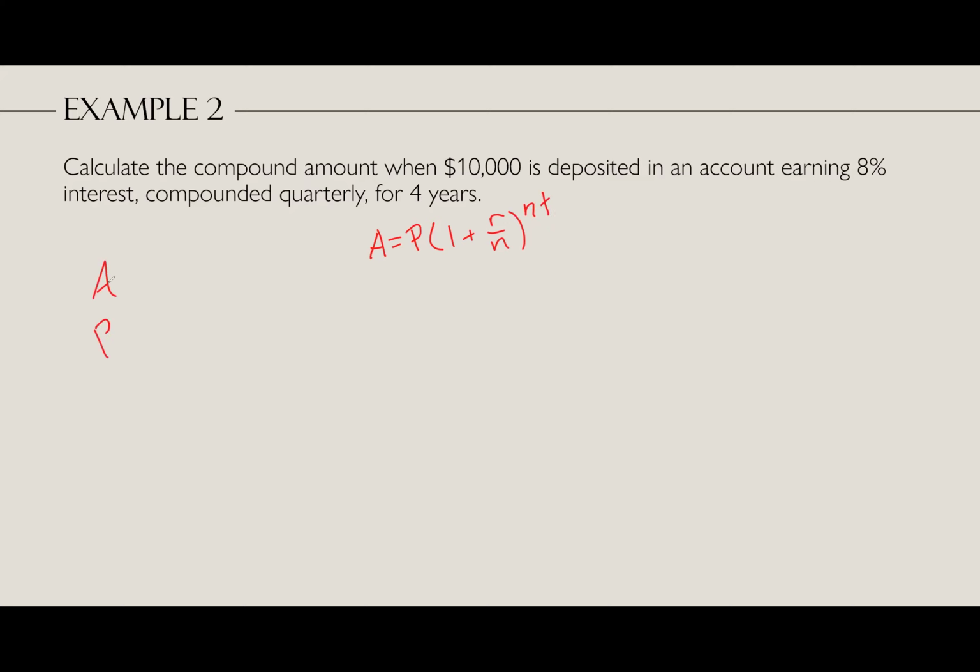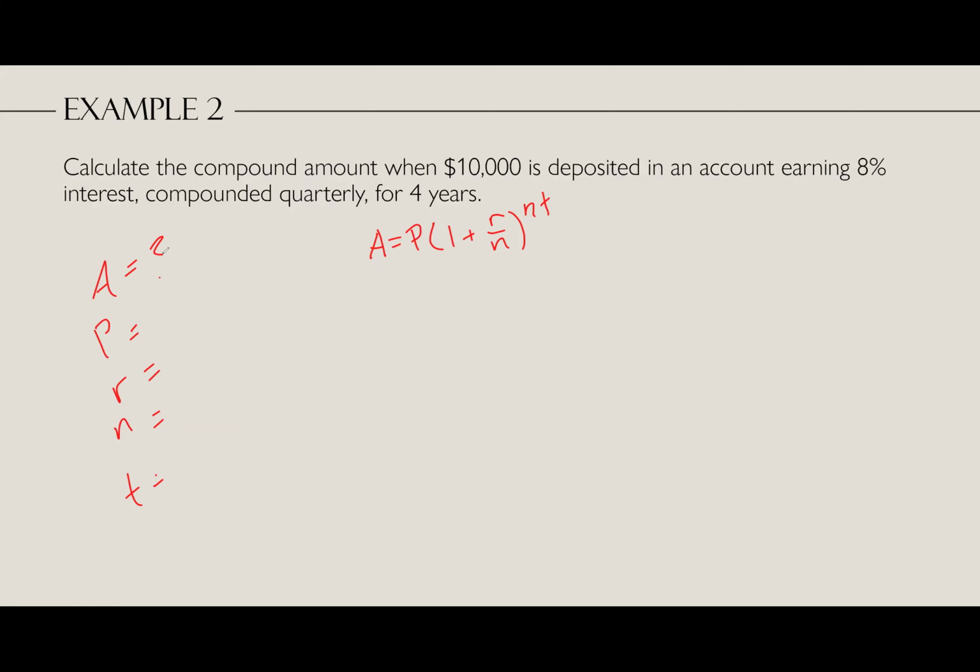I'm going to write these as well. I got all this just from reading: calculate the compound amount when $10,000 is deposited into a savings account earning 8% interest compounded quarterly for 4 years.